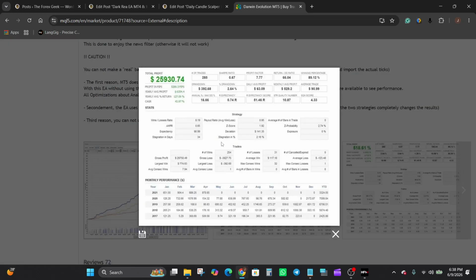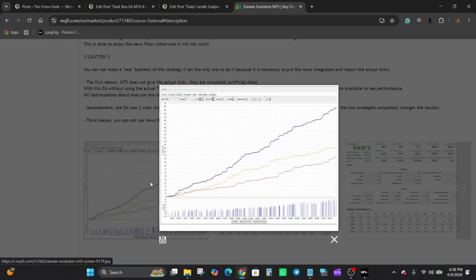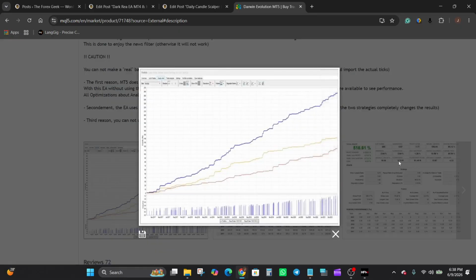Let's just see what we have here. Okay, so this seems to be, it might be from demo or live environments.